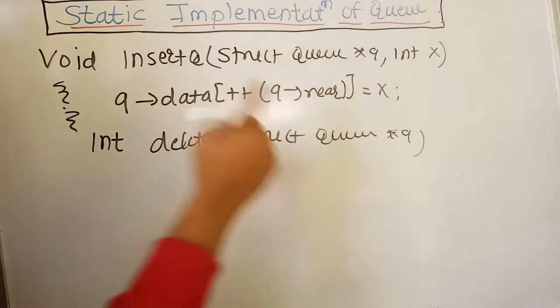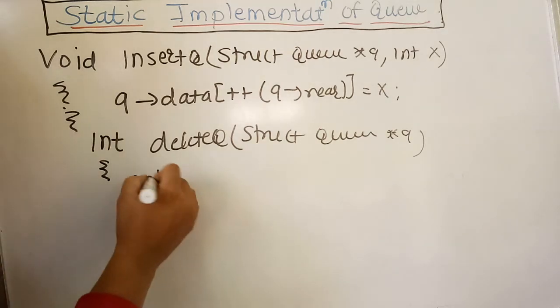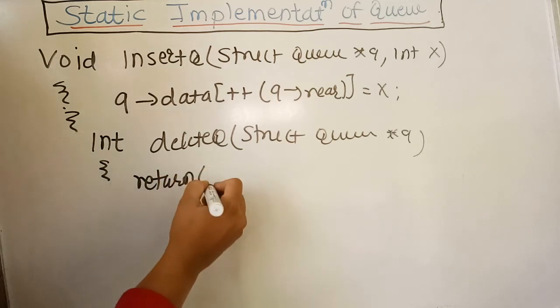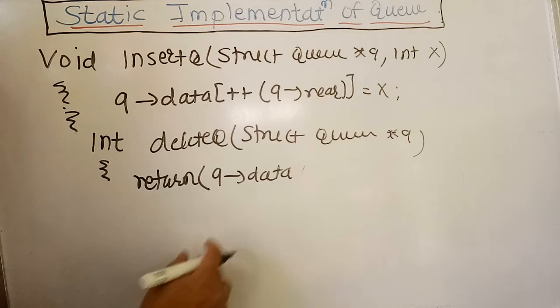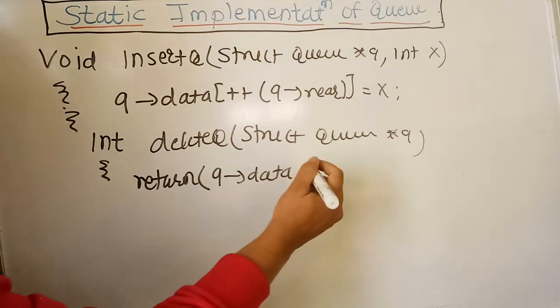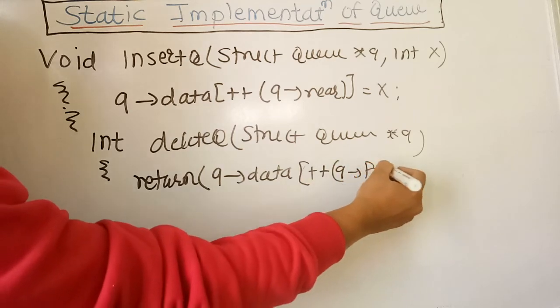So here is only one parameter. Now how to delete data from a queue? We will directly write return, where data is stored, queue pointer data, from that we take plus plus queue pointer front.